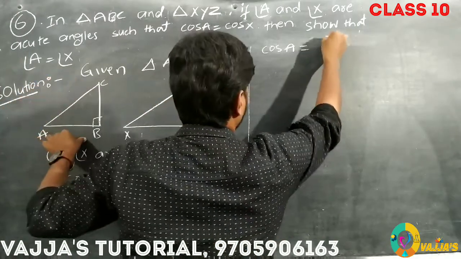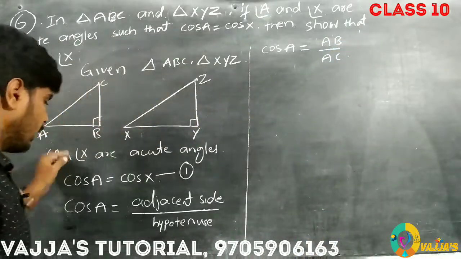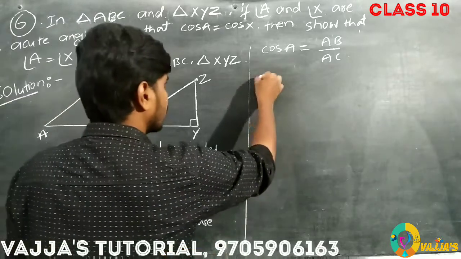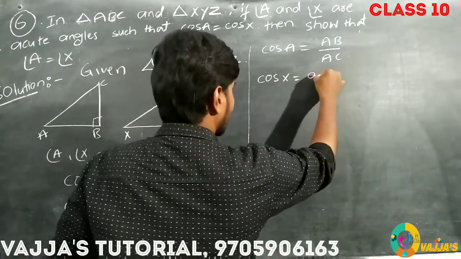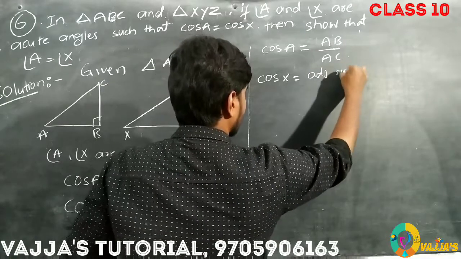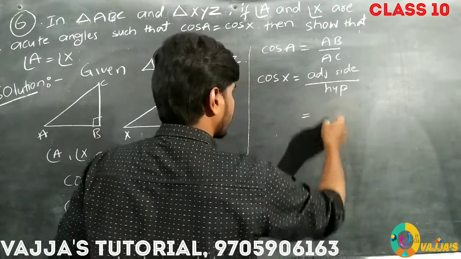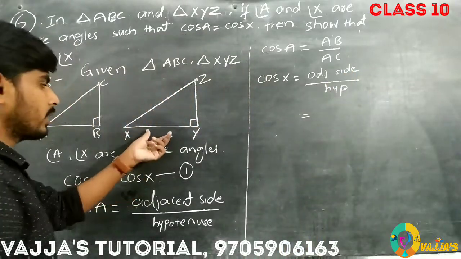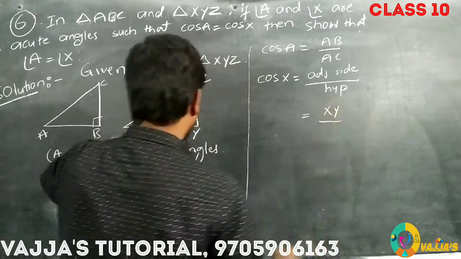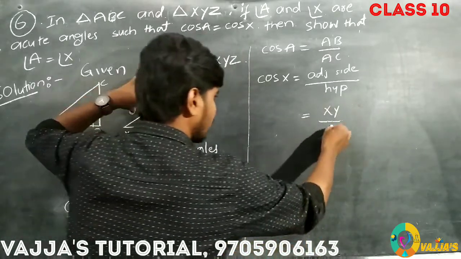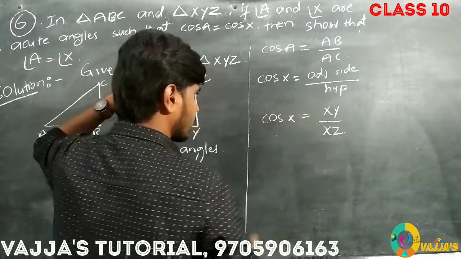So cos A is AB by AC. Take the cos X ratio next. Cos X is similarly adjacent side by hypotenuse. In triangle XYZ, XY is the adjacent side and XZ is the hypotenuse. This is the cos X ratio.